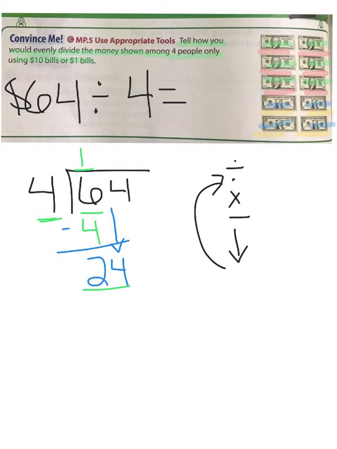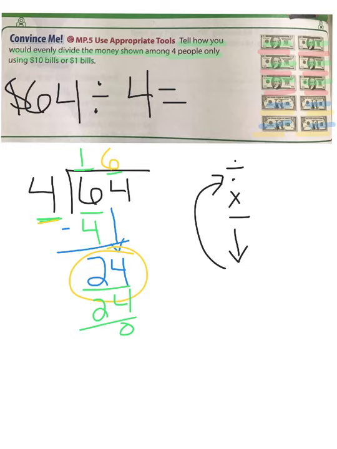We want to see how many times does 4 go into 24. Well, 4 times 6 is 24. So now we're going to multiply. 4 times 6 is 24. We're going to subtract, and we have no money left over. So each person is going to get 1 $10 bill and 6 $1 bills, or $16.